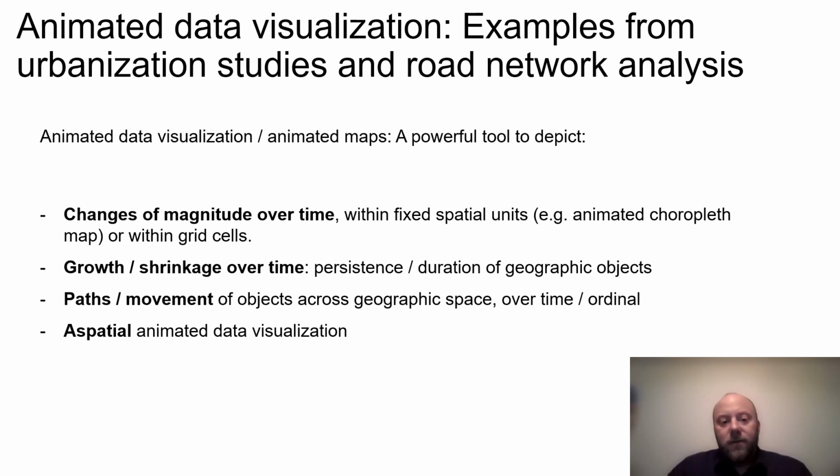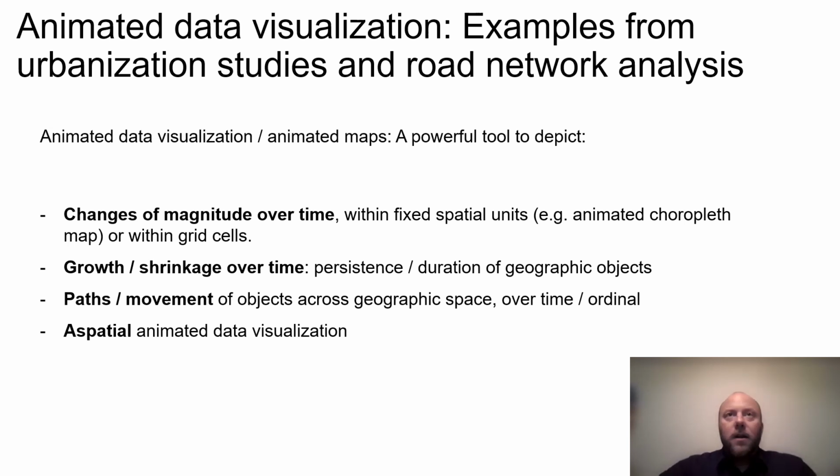So, of course, if we speak of shrinkage, objects such as built-up areas can also disappear, if we look at deforestation, for example. Animated data visualization is effective also for visualizing movement paths.